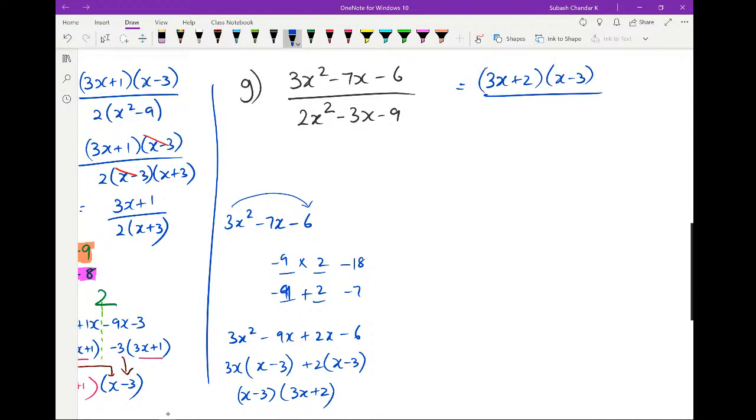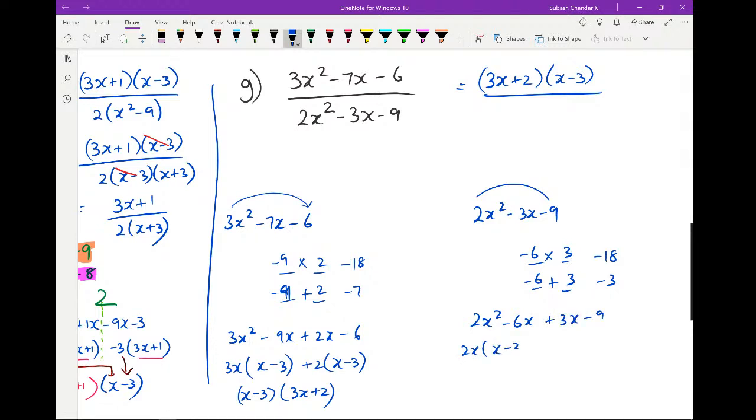Now I have to work out the denominator, so I've got 2x squared minus 3x minus 9. Multiplying, I'm getting negative 18. So two numbers multiply to negative 18 and add up to minus 3. I've got negative 6 and positive 3. So 2x squared minus 6x plus 3x minus 9. 2x is a common factor of the first two terms, (x minus 3), and then 3 times (x minus 3).